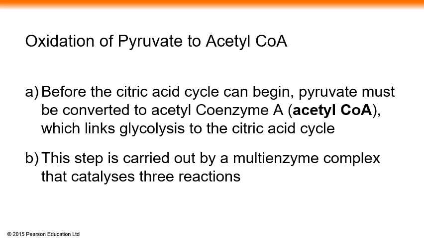So the pyruvic acid is going to get broken down one more time, become the 2 carbon molecule acetic acid, and that acetic acid binds with coenzyme A to become acetyl coenzyme A. And this step is carried out by a multi-enzyme complex that catalyzes 3 reactions.